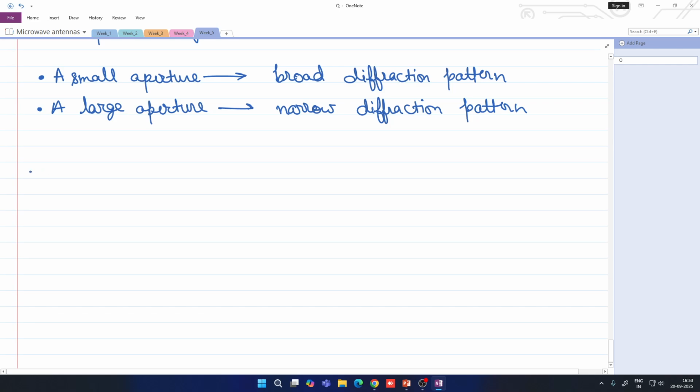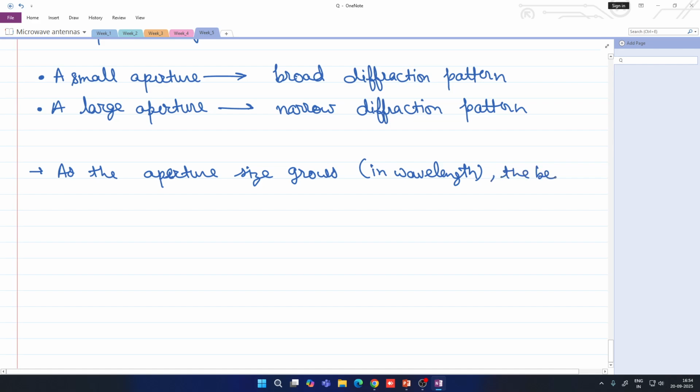So as the aperture size increases or grows in terms of wavelength, the beam width of the Fourier transform shrinks.